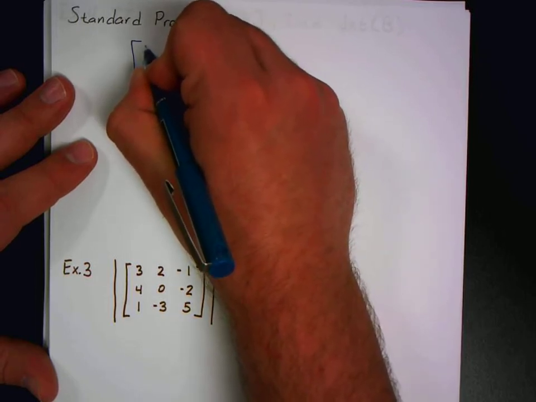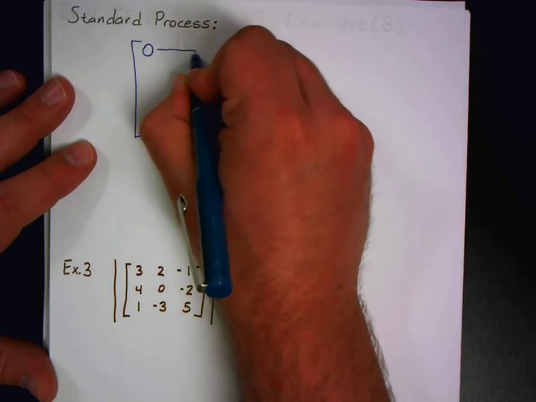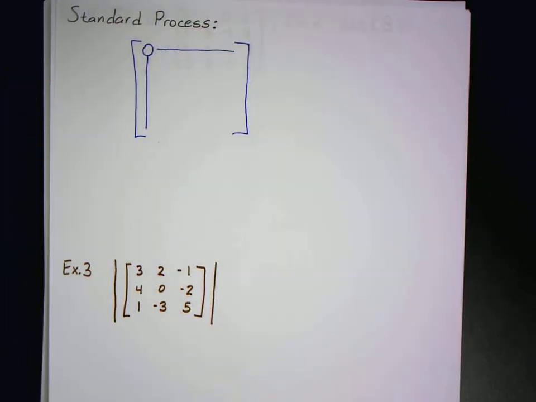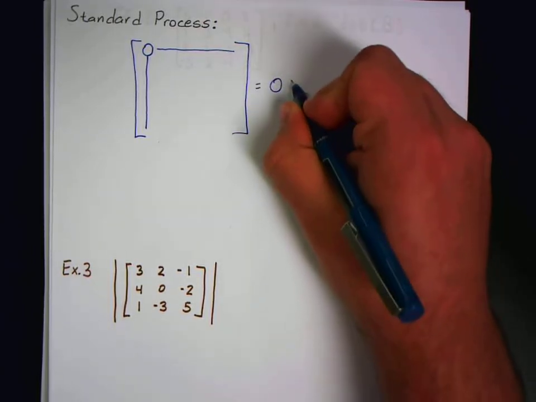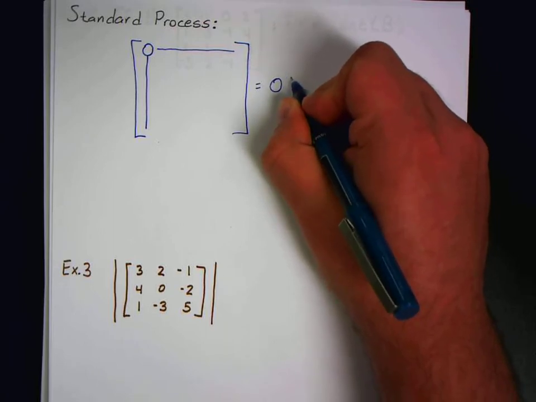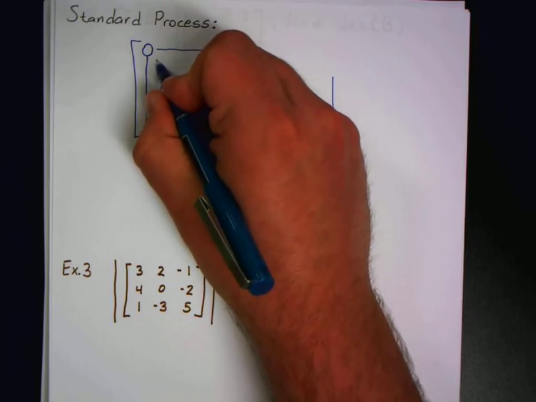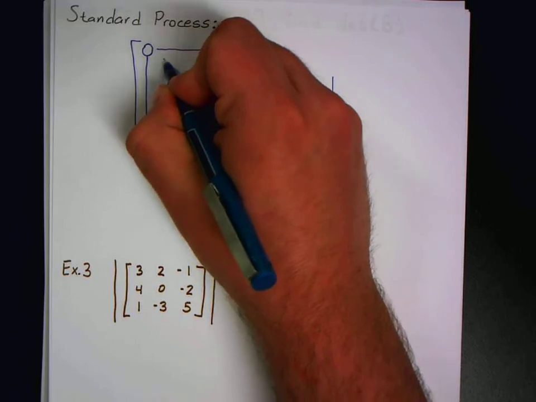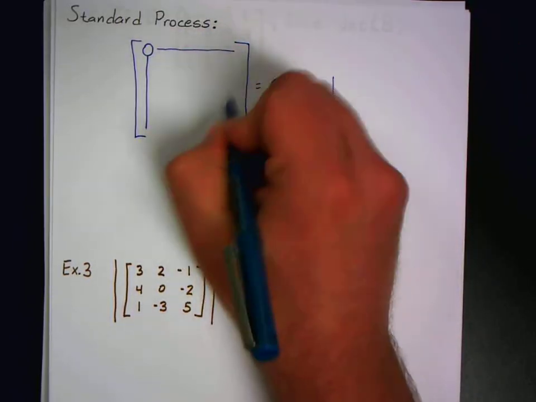So if I take an element here, I ignore the rest of the things along that row and that column. I take that item times the determinant of whatever's left inside of here. Whatever's left over inside of there.